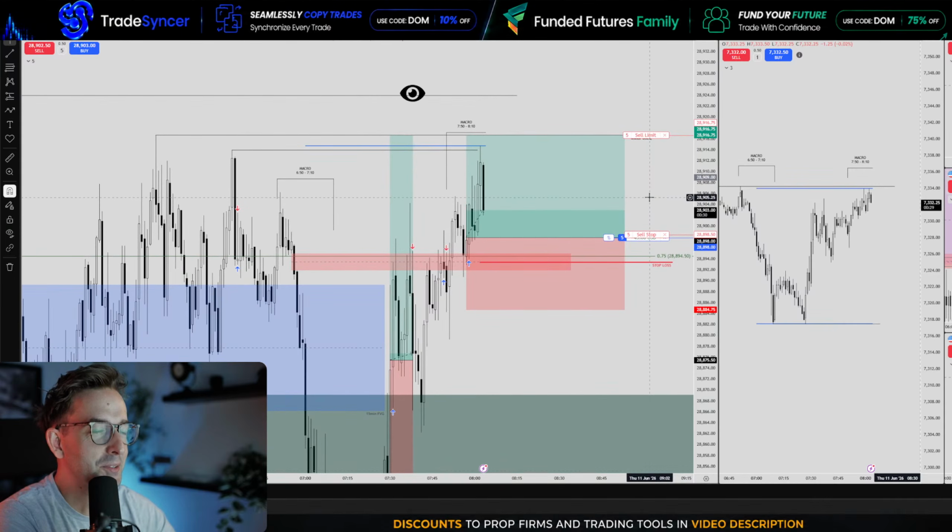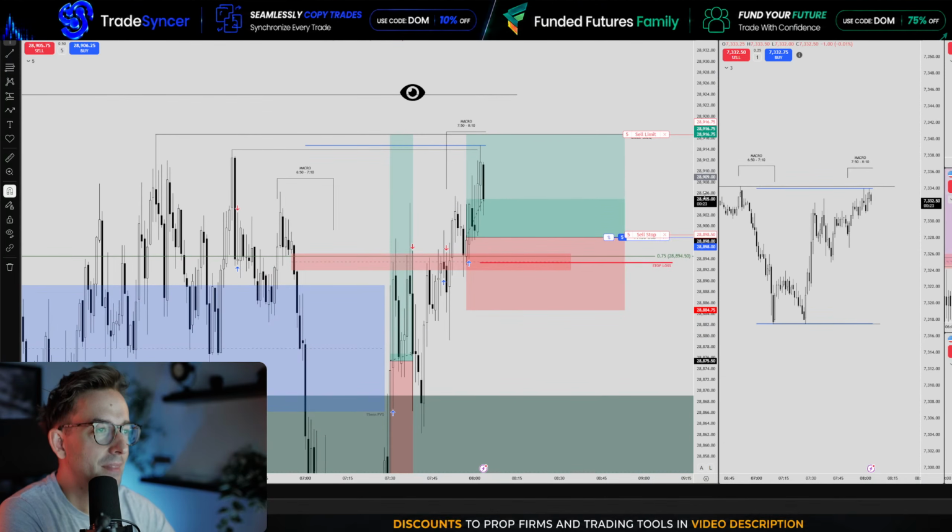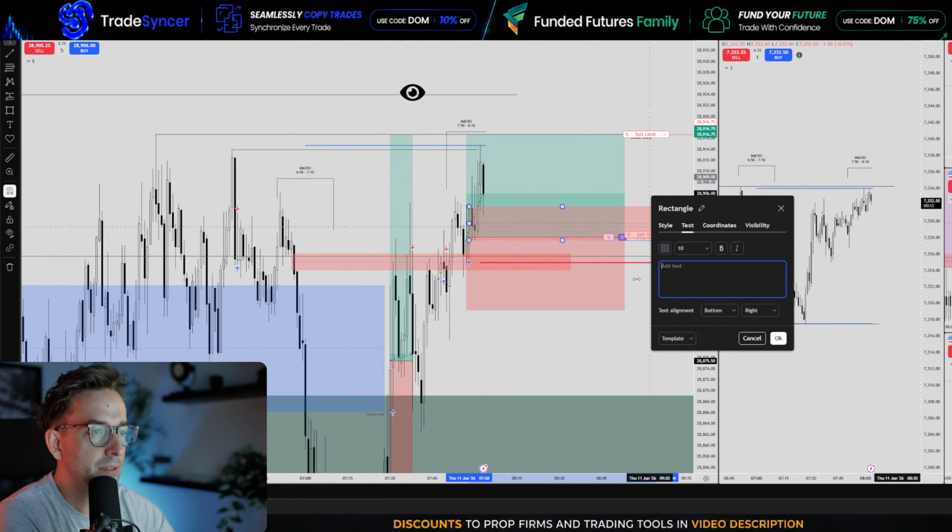Oh my gosh, you're too funny, Price. Price went back down, went into this bullish order block here. That's right here, the bullish order block. These two candles.